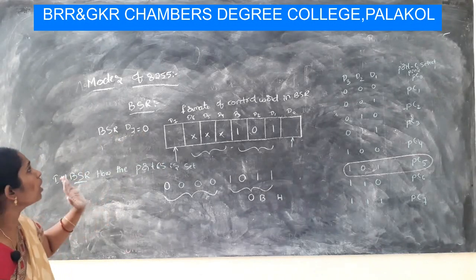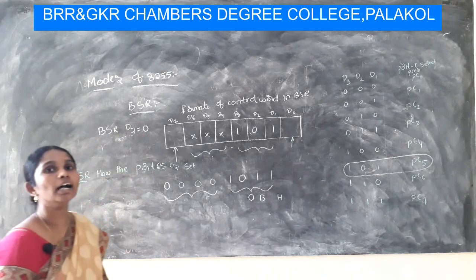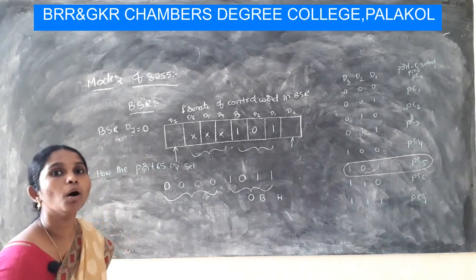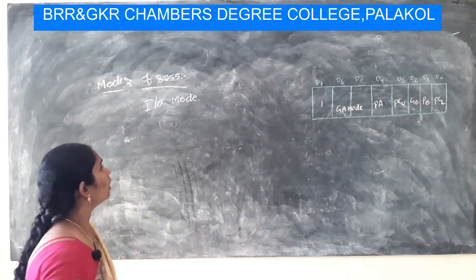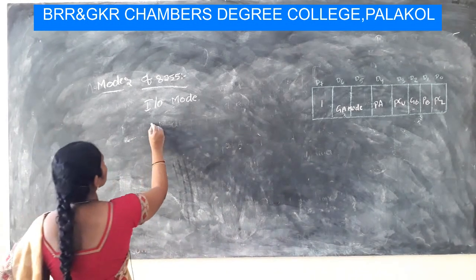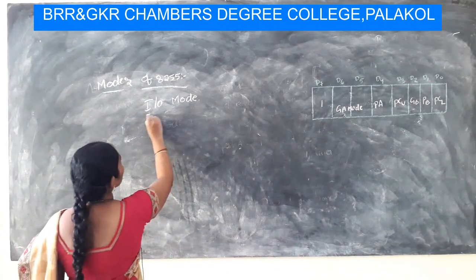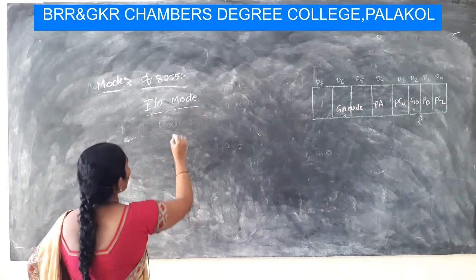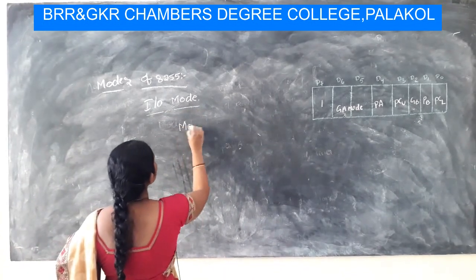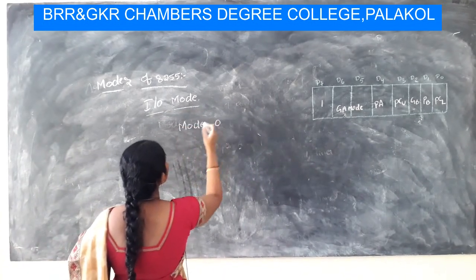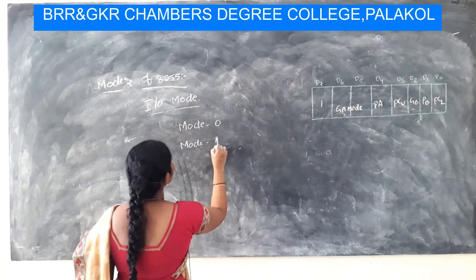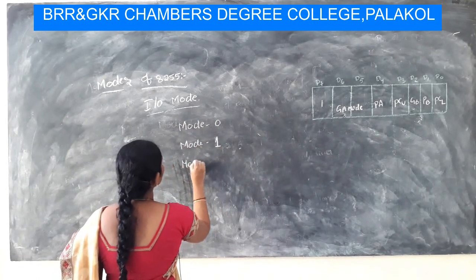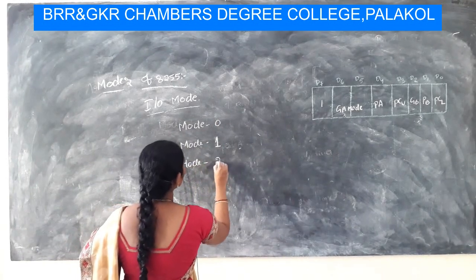Okay, now the next mode is the input and output mode. IO mode has 3 types of modes: mode 0, mode 1 and mode 2.